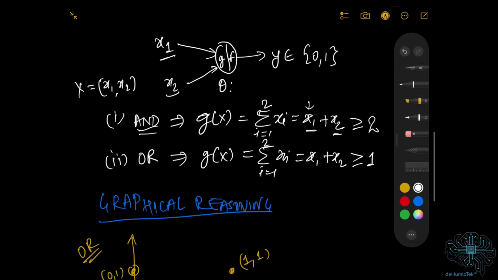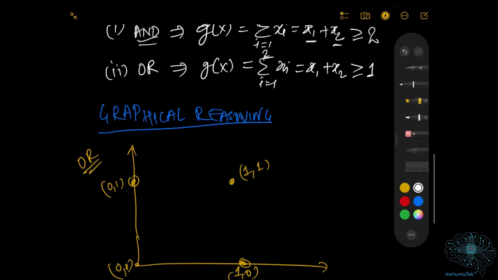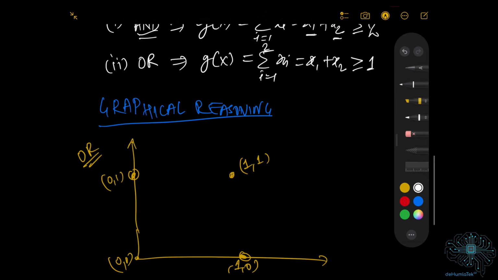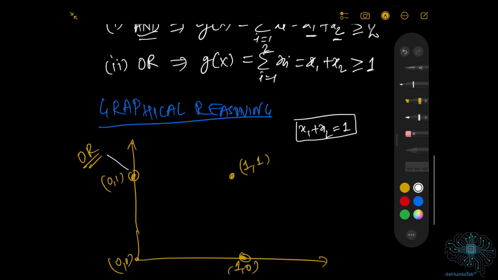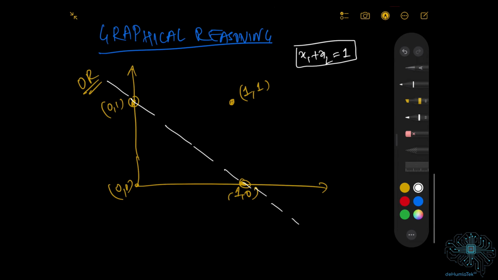What does this mean? For the OR gate, the sum has to be at least 1. If we want one single linear equation, that's x1 plus x2 equals 1. This is the minimum line that needs to be fulfilled for the OR gate, and this line passes through these two points.